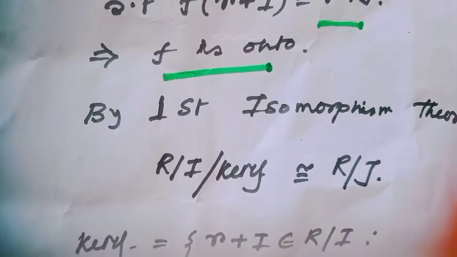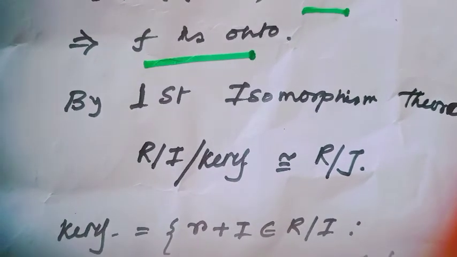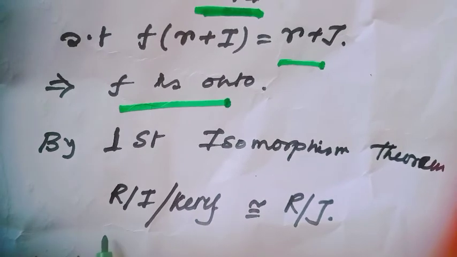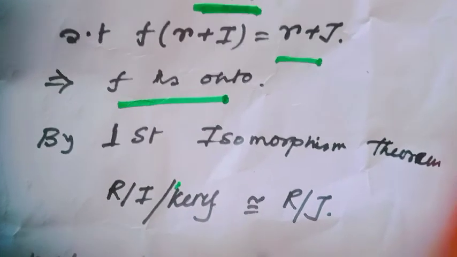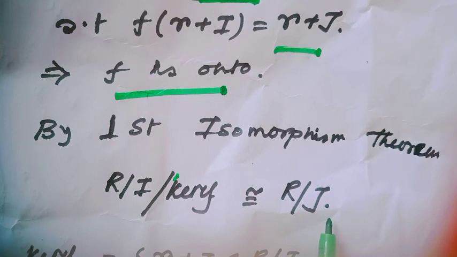Then by the first isomorphism theorem, we can tell (R mod I) modulo kernel of f is isomorphic to R mod J.